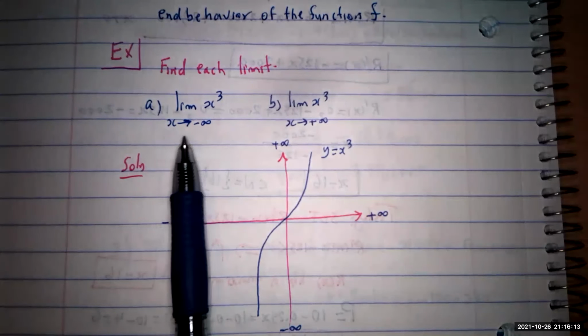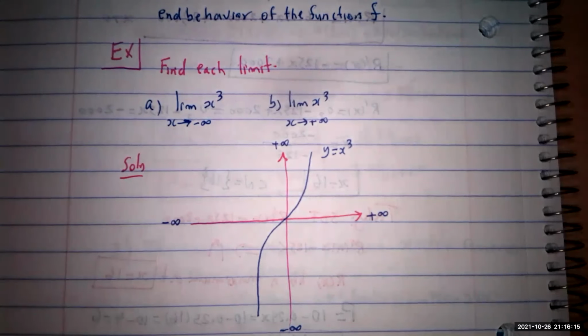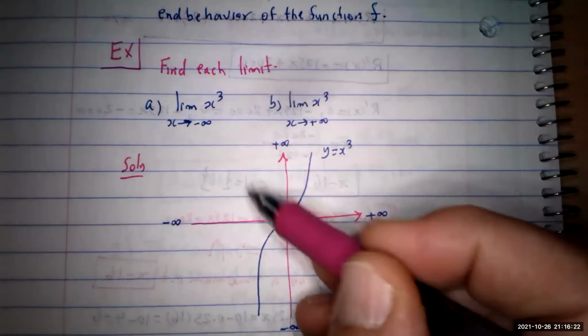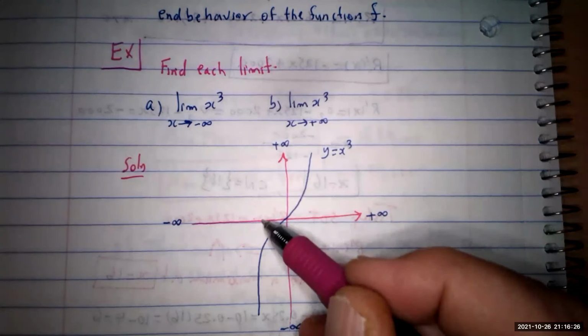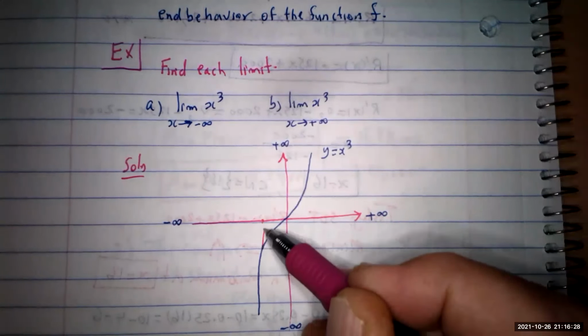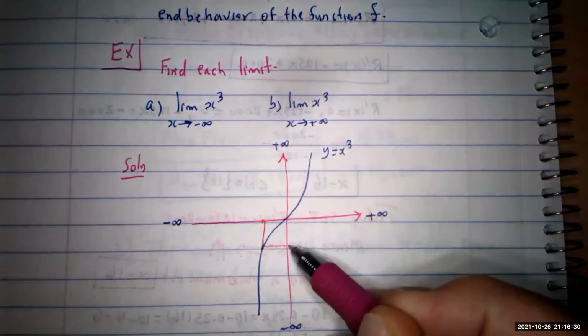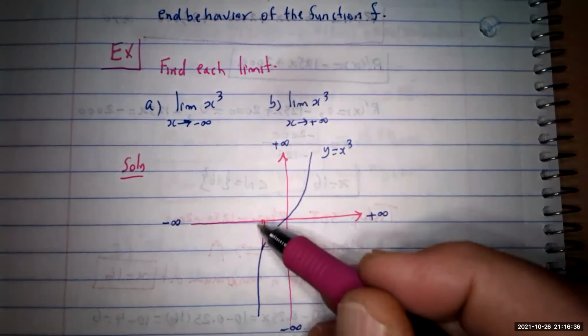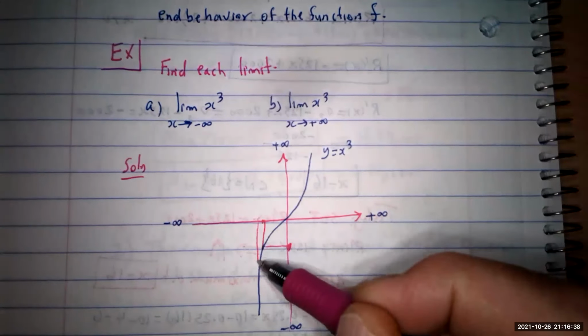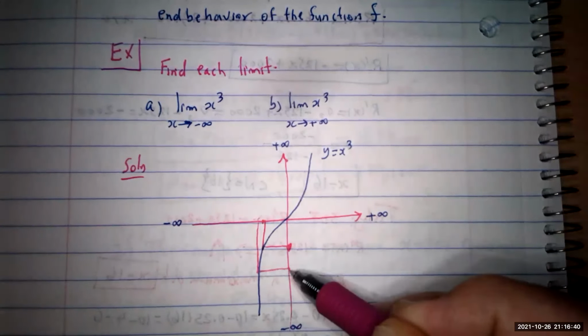So when x goes to negative infinity, let's see what the direction of your graph is going to be. If you pick a negative number here, this is going to be the value of y. If you pick another number here, this is going to be the value of y.